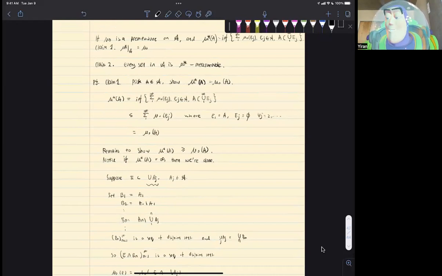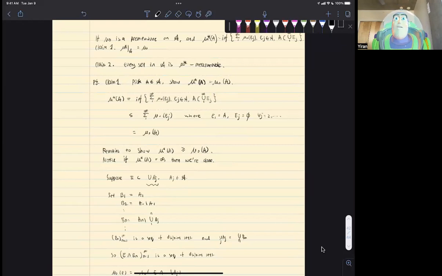How do we show that? We pick a set A in the algebra, and we try to show mu star of A is equal to mu naught of A.